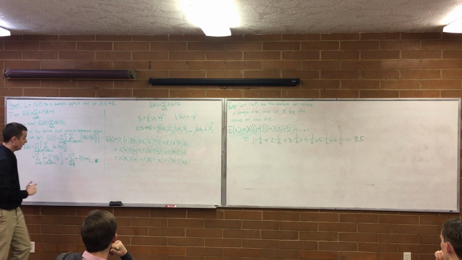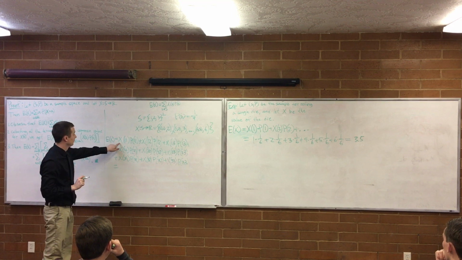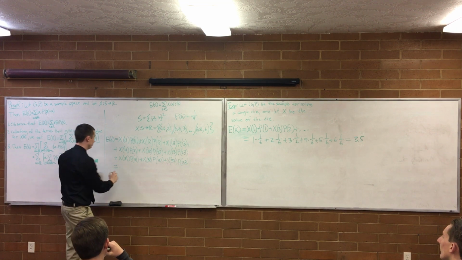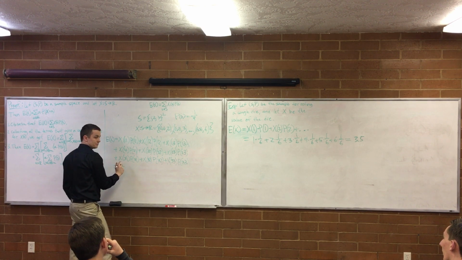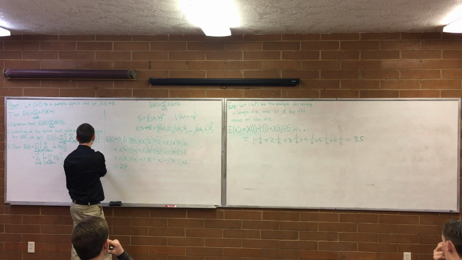And now, rewriting this exact thing, X is just the sum. X of 1, 1 is just a sum, so this is going to be 2 times the probability of 1, 1. We need to keep this in this format.